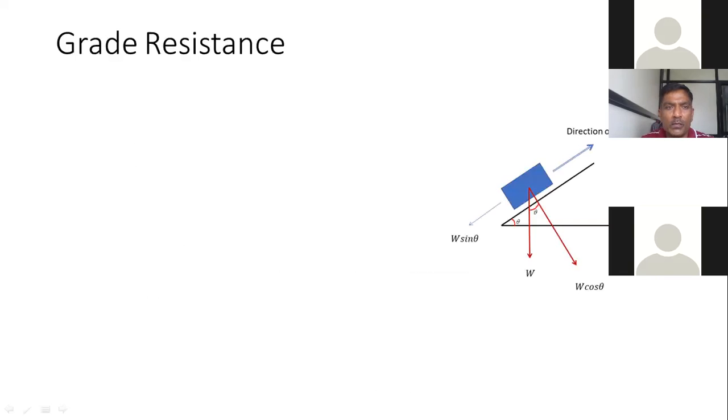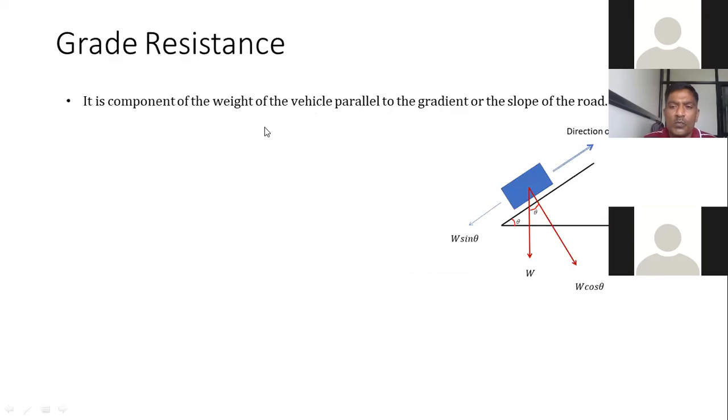Then the next one is grade resistance. What is grade resistance, that we are going to check. You can see the figure on the screen. This way we have considered a road that has a steeper nature, and the vehicle is in motion in this direction.